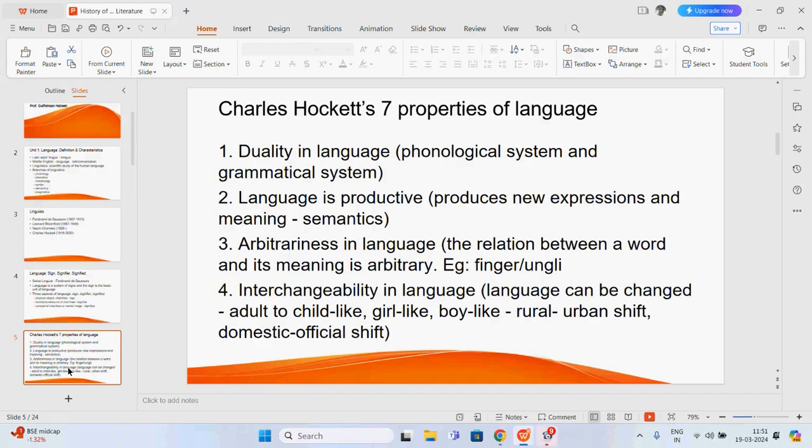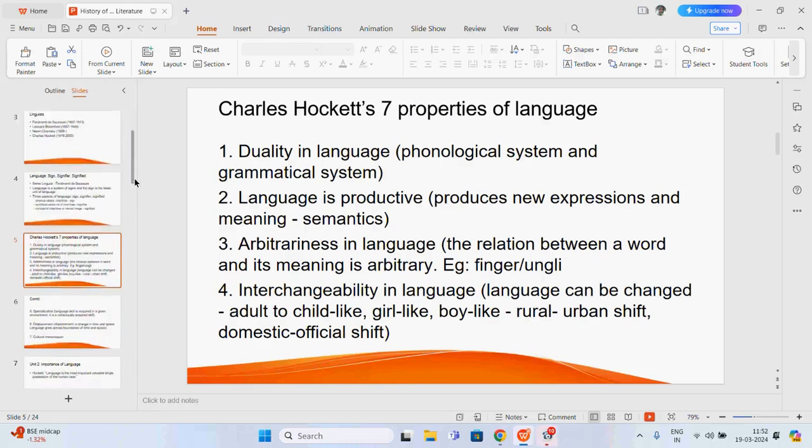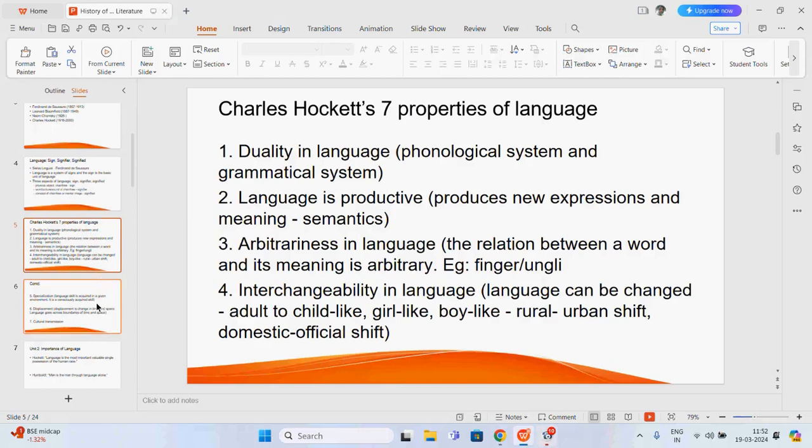And the end purpose, are we using language at the home level? It will definitely be different. When parents and children talk in the family, the kind of words, the kind of language they use will be different. But the language that will be used in a bank, in an office will be different. It won't be the same. Let us move to the next slide.